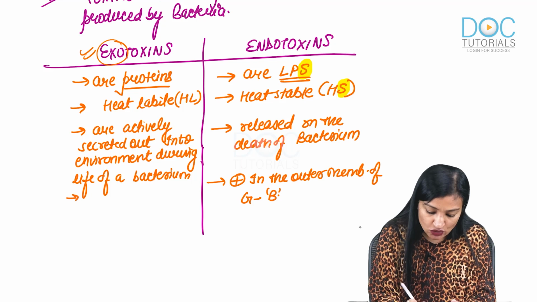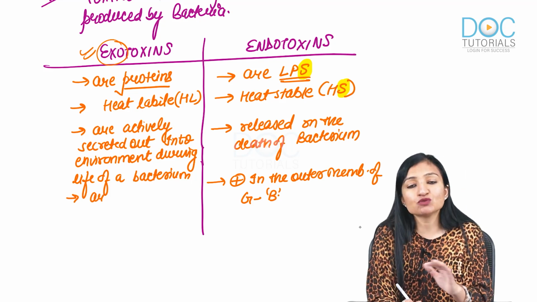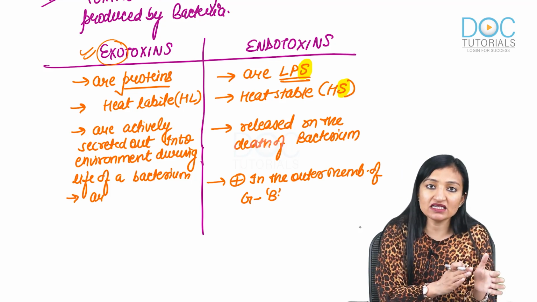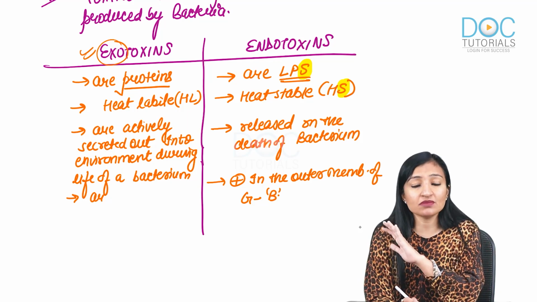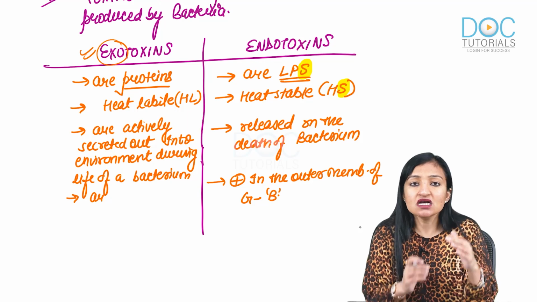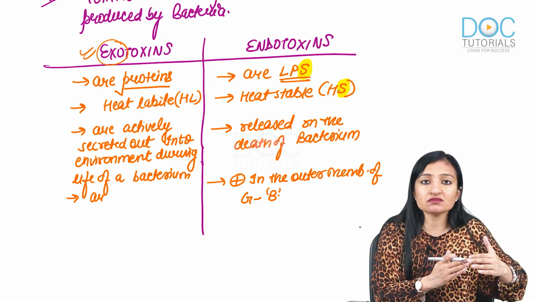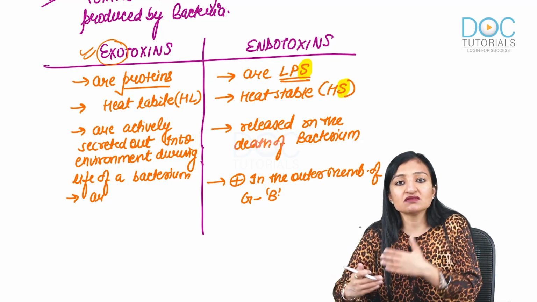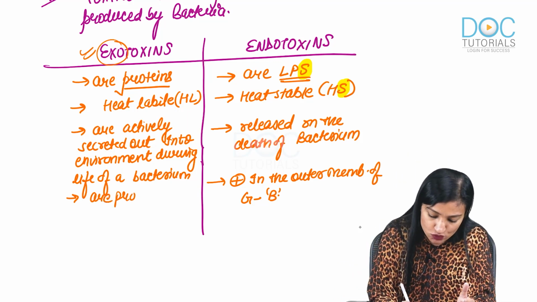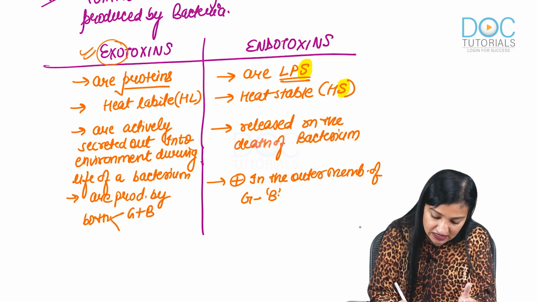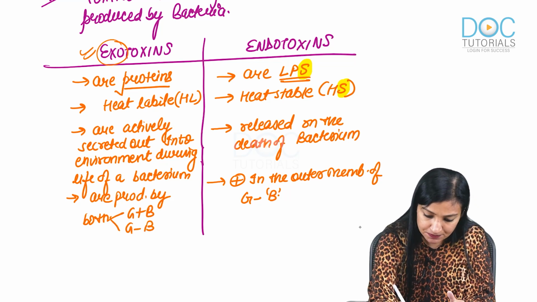Now exotoxins, on the other hand, they can be produced by some gram positive bacteria and some gram negative bacteria. Okay, not all gram positive or gram negative are going to produce exotoxin. Some important gram positive organisms and some important gram negative organisms are going to be exotoxin producers. Okay, so these are produced by, we can say, both G plus bacteria and G minus bacteria.